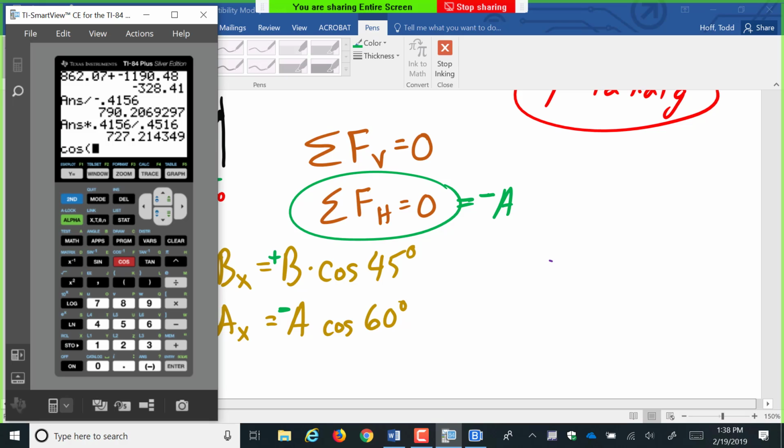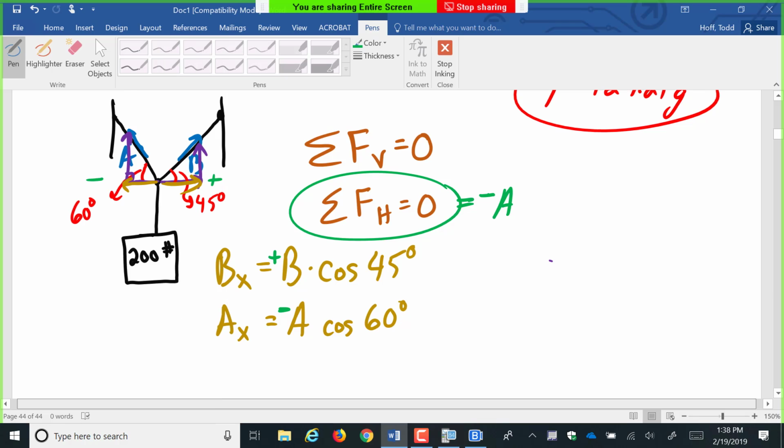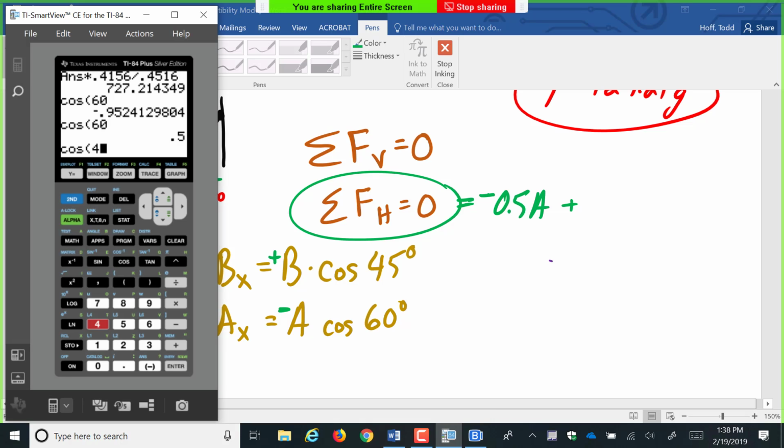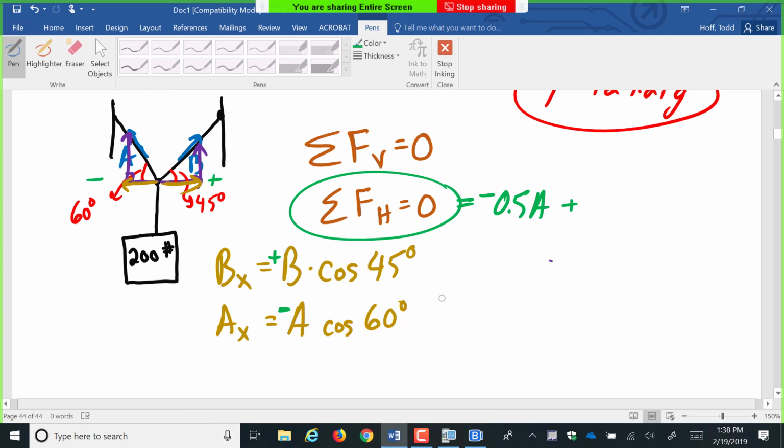I've got to set my modes. There we go. Cosine of 60 should be 0.5. So that's a negative A times 0.5, or a negative 0.5A, plus B times the cosine of 45, which should be 0.707.